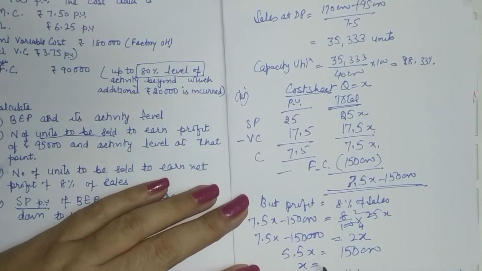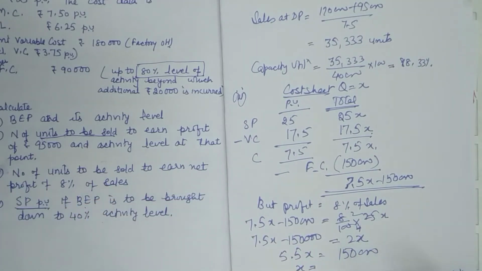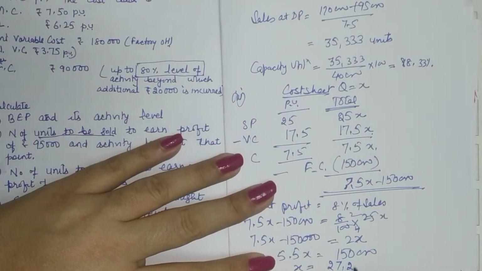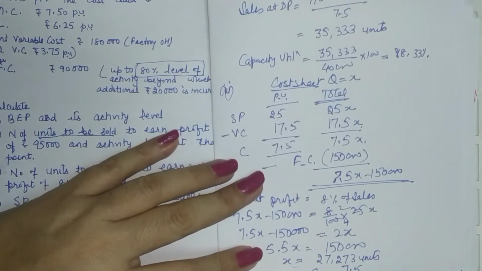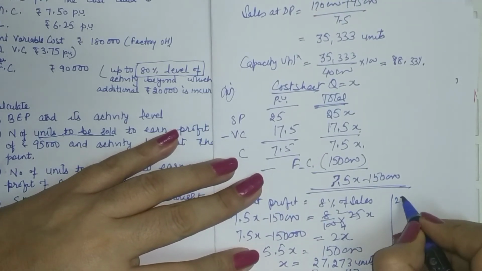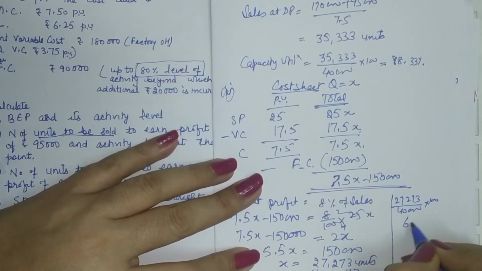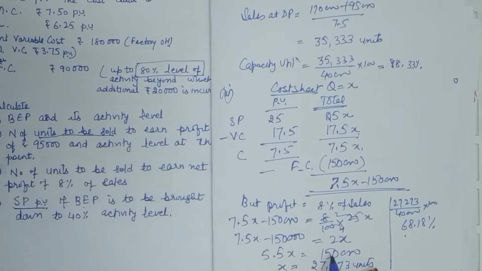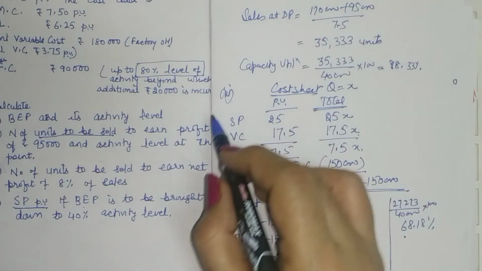So value of X is coming out to be, you can make the calculations, 27,273 units. And you can calculate capacity utilization also. 27,273 upon 40,000 into 100, that gives you 68.18%. Since it is below 80%, so this calculation is correct. Had it been above 32,000 units, that is 80%, then we would have revised the calculation again.